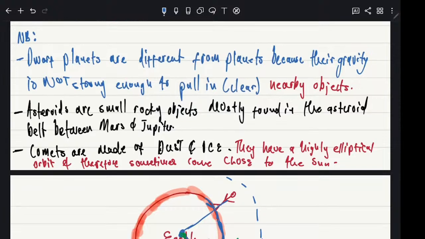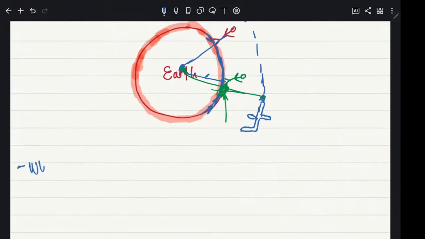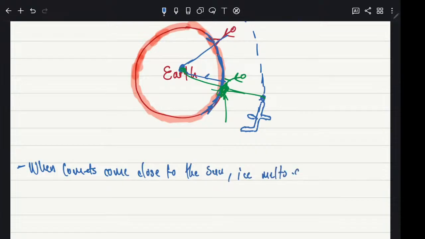Now, what I want you to write is that when comets come close to the sun, ice melts and forms a tail. So you see them having something like a tail. Are we together?